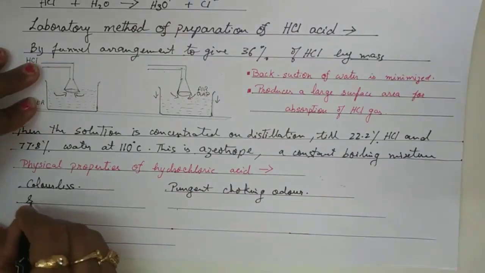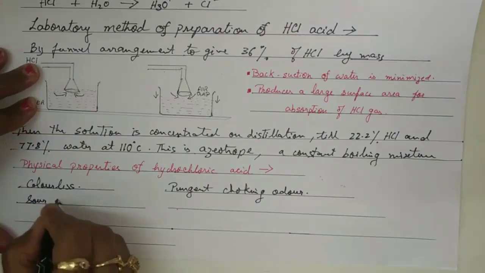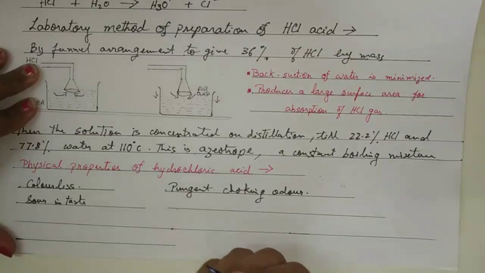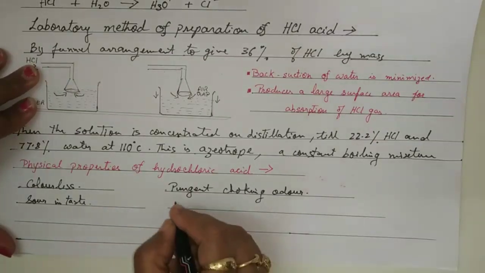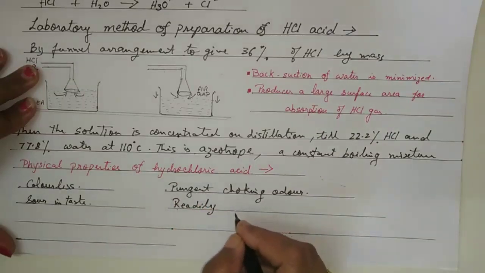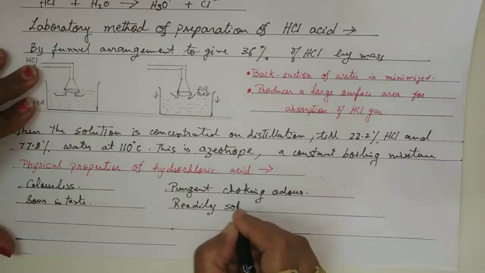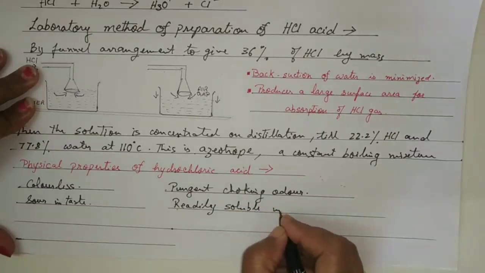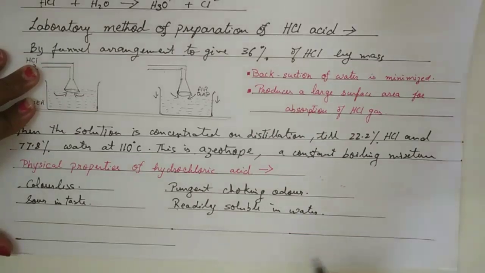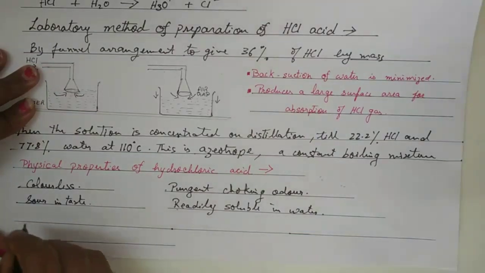It is sour in taste. As you all know, hydrochloric acid is acidic, the name itself is suggesting, so sour in taste. It is readily soluble in water. We have done this many a times in the videos. It is corrosive in nature.